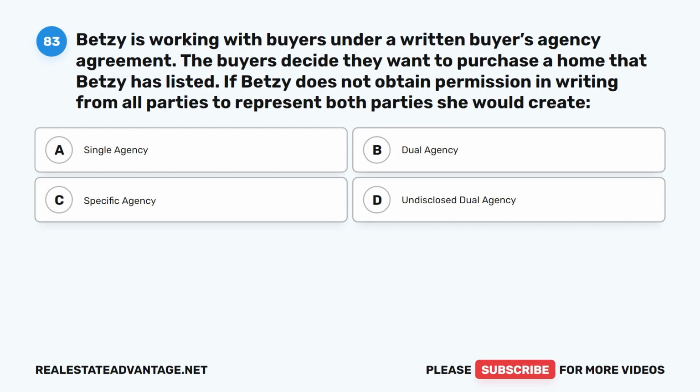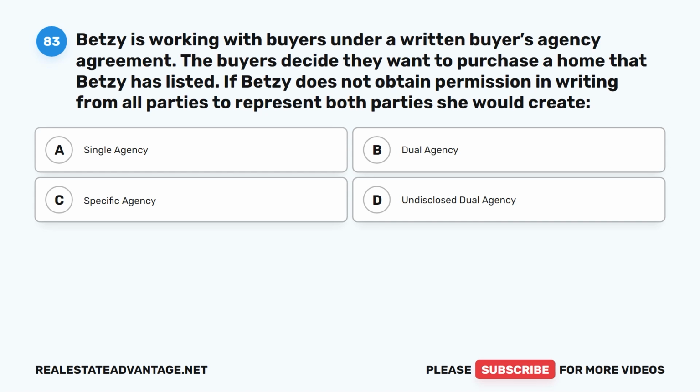Question 83. Betsy is working with buyers under a written buyer's agency agreement. The buyers decide they want to purchase a home that Betsy has listed. If Betsy does not obtain permission in writing from all parties to represent both parties, she would create A. Single agency. B. Dual agency.